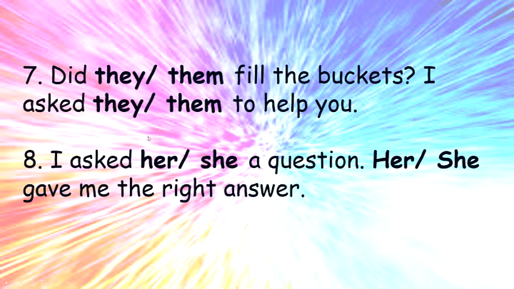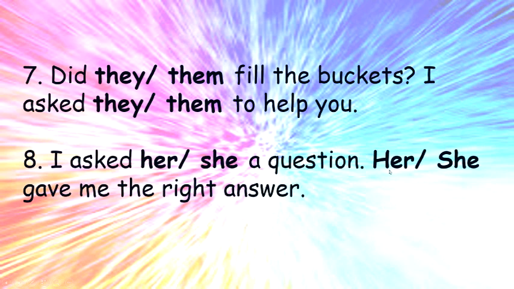I asked her or she a question. Now asked is your action verb, I is your subject. So out of these two choices, her or she, you have to pick that third person personal pronoun which is used at object place.